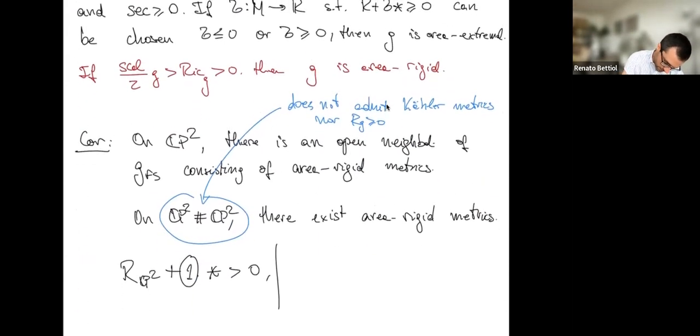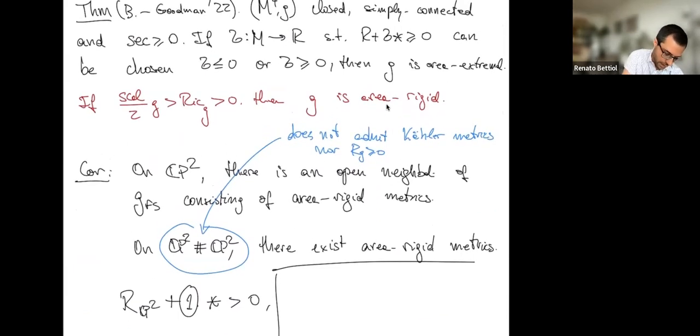But perhaps one side comment to illustrate how weak or strong this assumption is, that tau doesn't change sign.